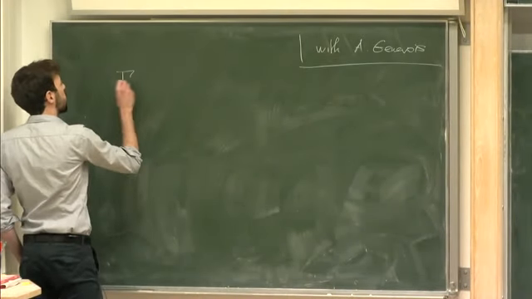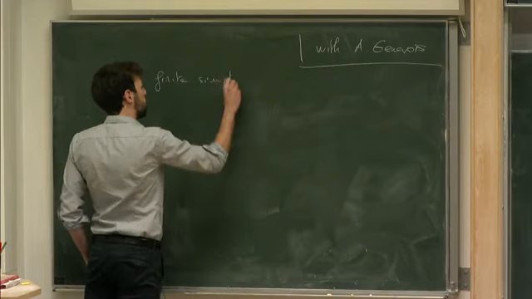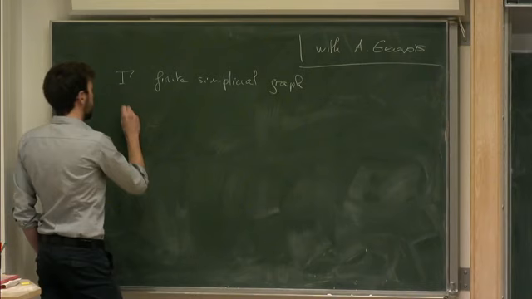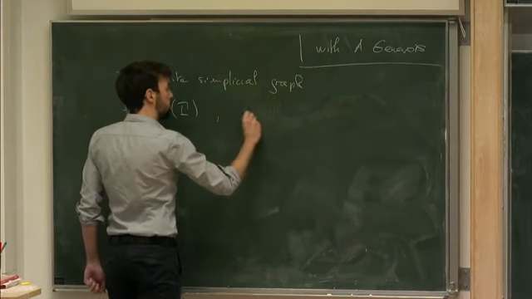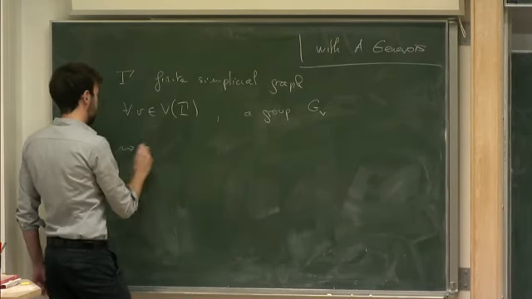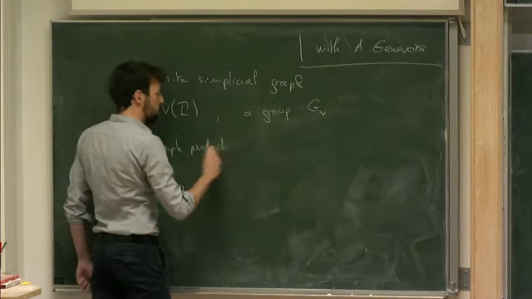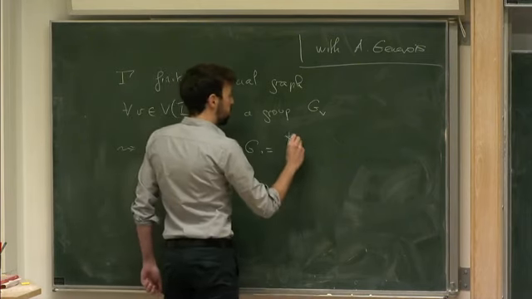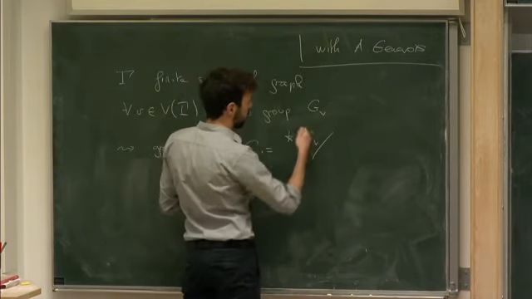You start with a finite simplicial graph, and for every vertex you choose a group GV, and you define the graph product, which I'm simply going to denote G in this talk, which is obtained from all the GV when you require that two adjacent groups commute.